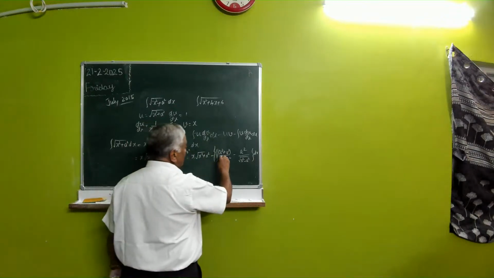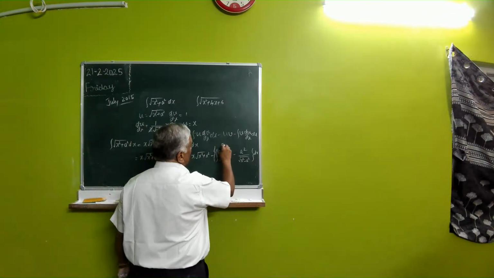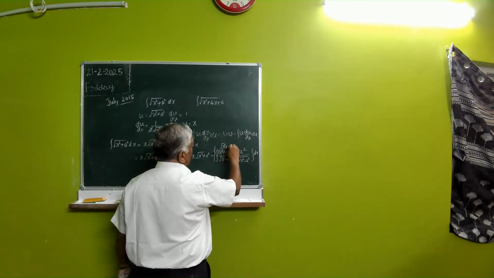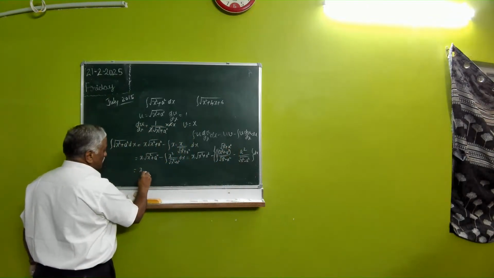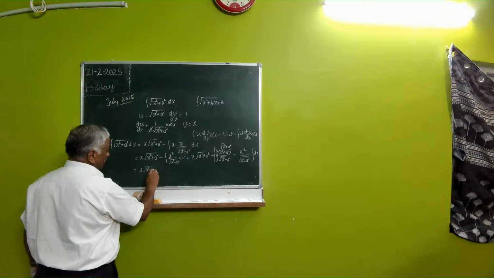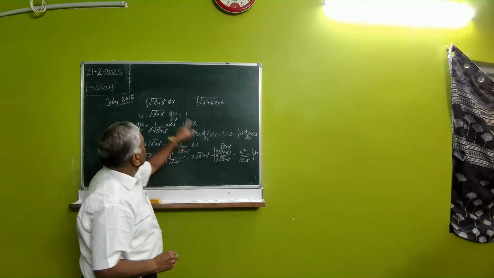Here you can cancel this x square plus a square. So you are going to get x into root of x square plus a square minus, this is the same as the given problem.